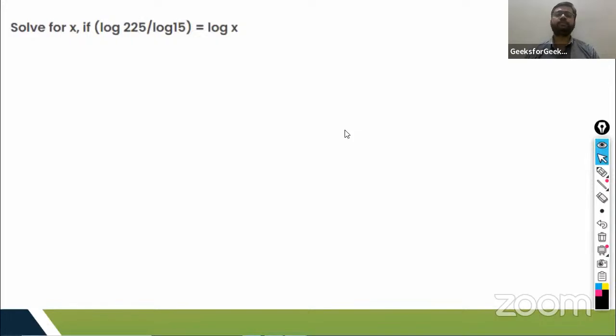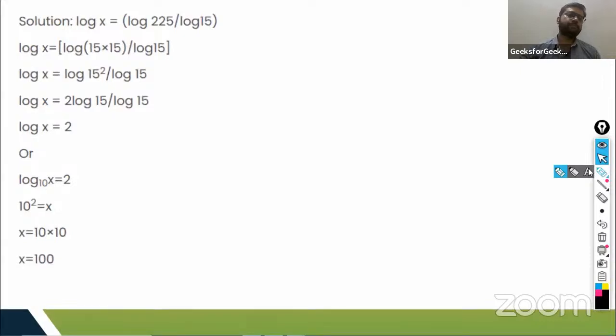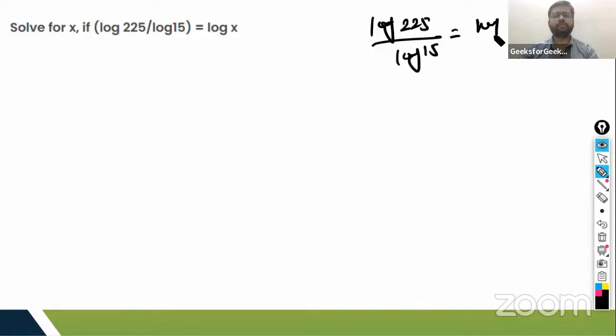The division formula we can easily apply and find the answer. So this is log x is equal to like this, 225 divided by log 15 is equal to log x.